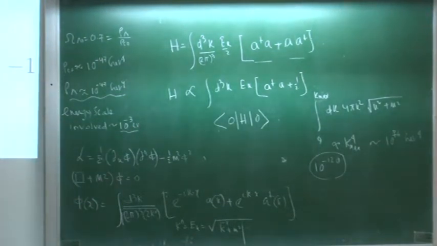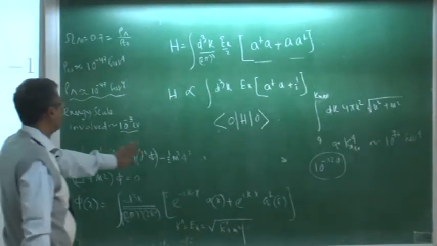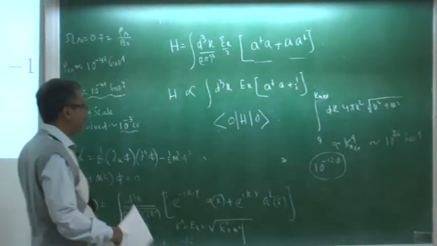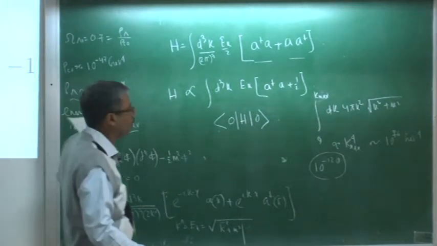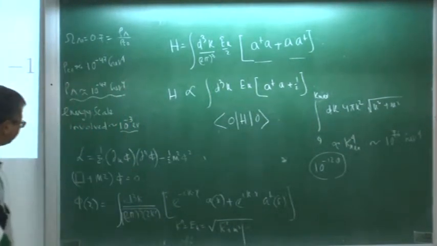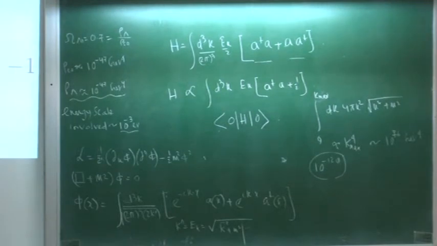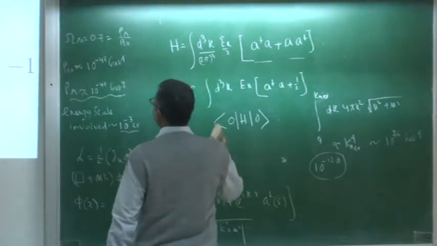So this fine tuning problem is very difficult to solve, unless you solve it anthropically, where you say that the cosmological constant or the dark energy can take any value in different parts of the universe. Maybe in our universe it takes a small value so that we survive. Fine. Okay, so this is what is called the fine tuning problem.